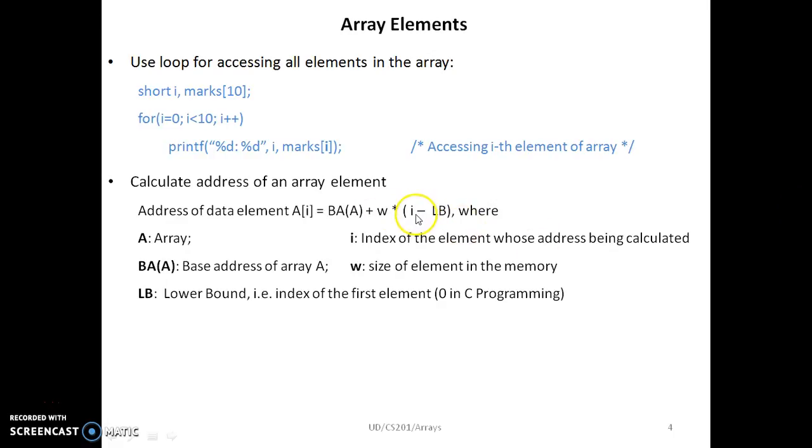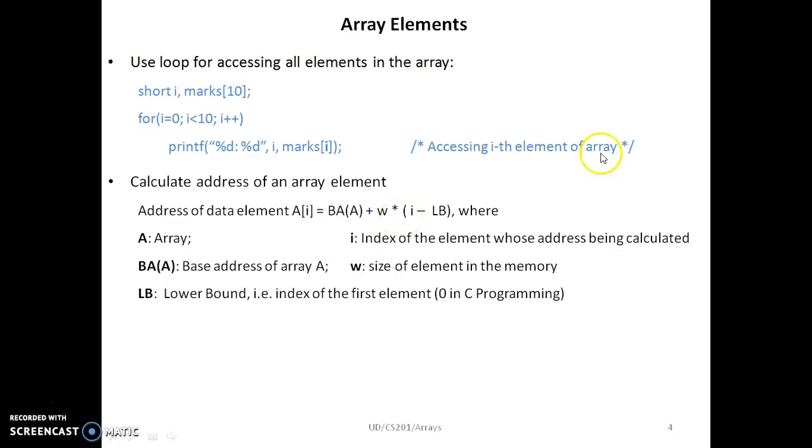So i is the index of the current element, and LB indicates the index of the first element in the array. LB essentially means lower bound, and please note that the value of the lower bound LB is always 0 in C programming. Since it is always 0, the formula can also boil down to address of A[i] equals base address plus W times i.